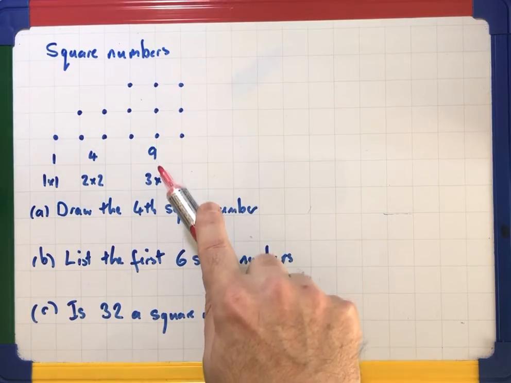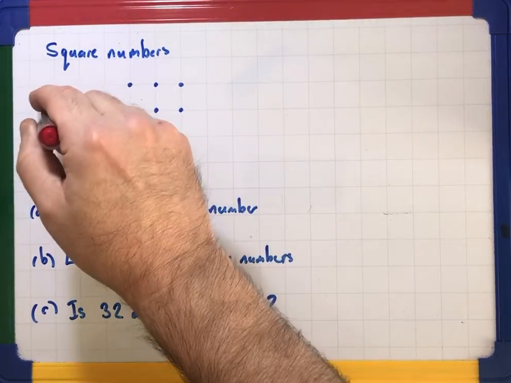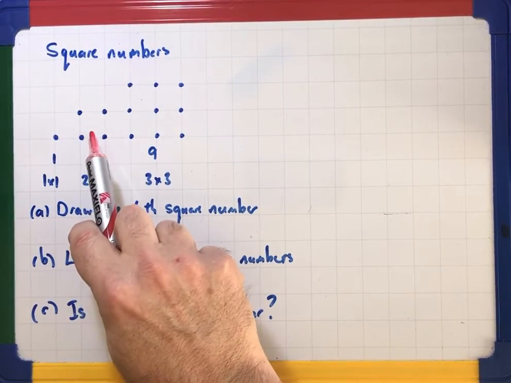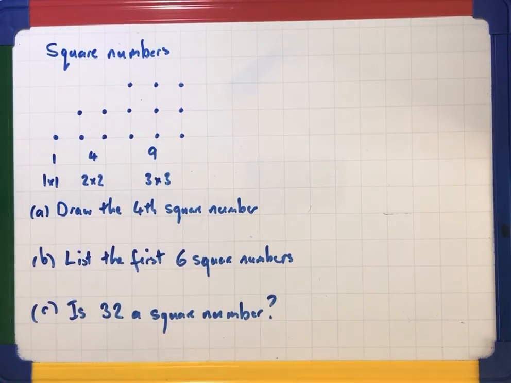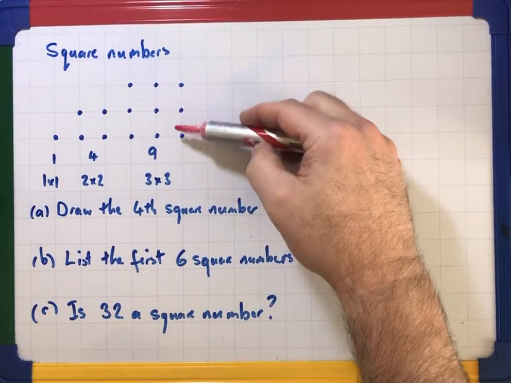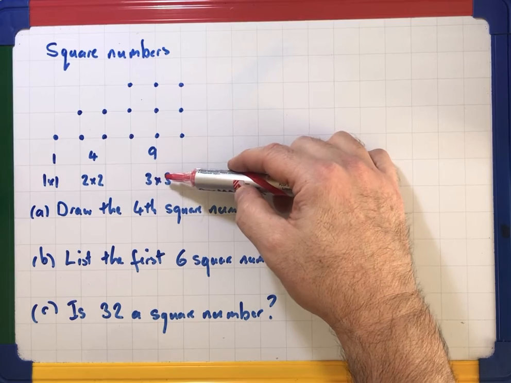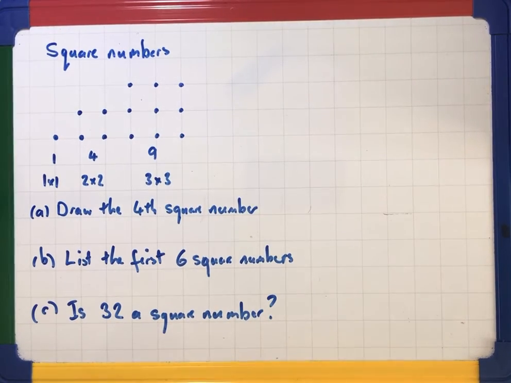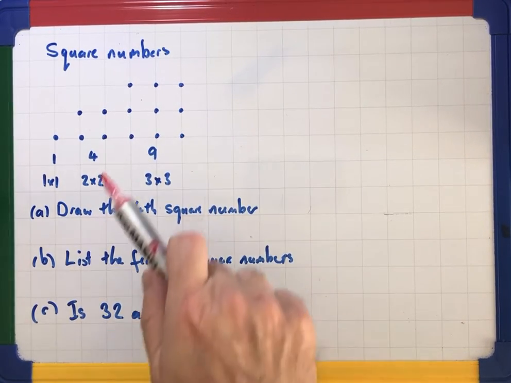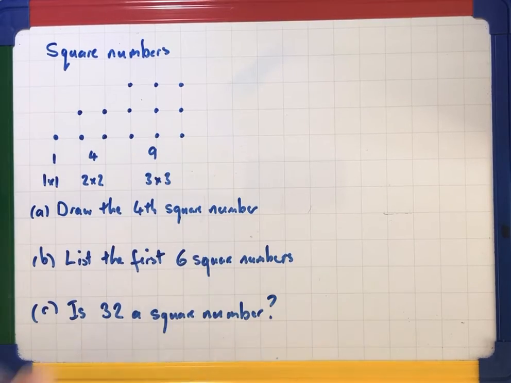If you look at this next one, so that would be the first square number, that would be the second square number, this is the third square number. See if I'm doing it out of dots, it's going to be 3 by 3, which is 9. Okay, so that would be 9, would be the third square number. Draw the fourth one, it says.